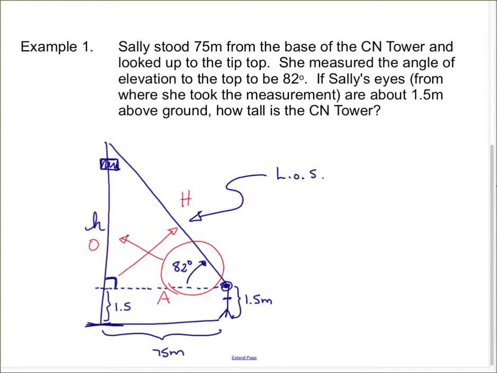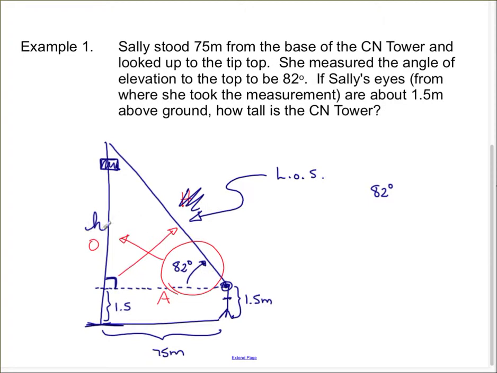And now we have to set up the ratios. So here's our angle, 82 degrees. And we want to use, well, H is useless to us, because there's no side length given there, and we don't care. We're not attaching a string to Sally's head in the top of the CN Tower. That might be fun.